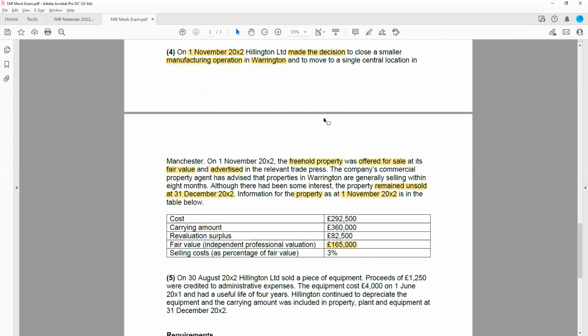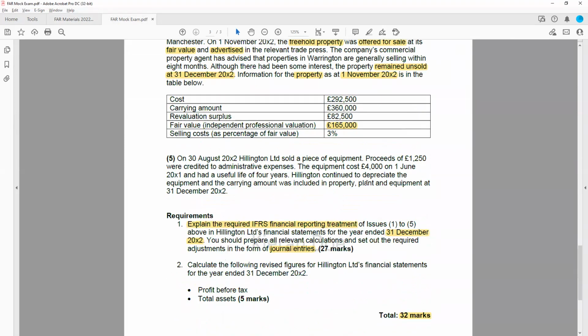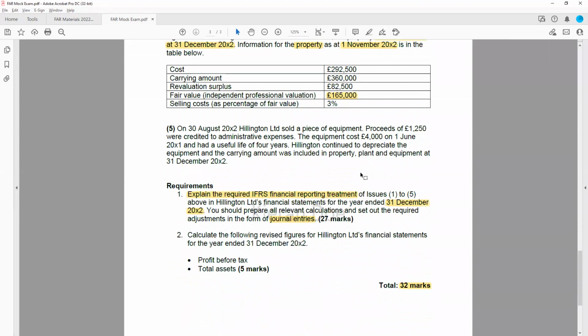It's not as though they've got their separate Warrington customers, and maybe they sell a certain type of product to them, which is different from the Manchester division. It doesn't sound as though it's a separate division. It's just perhaps a manufacturing operation, and that's all they do, and then they supply the showrooms. We don't know the exact nature of the business, but they don't tell you that the conditions are met here, and that's what you need to know in the FAR exam.